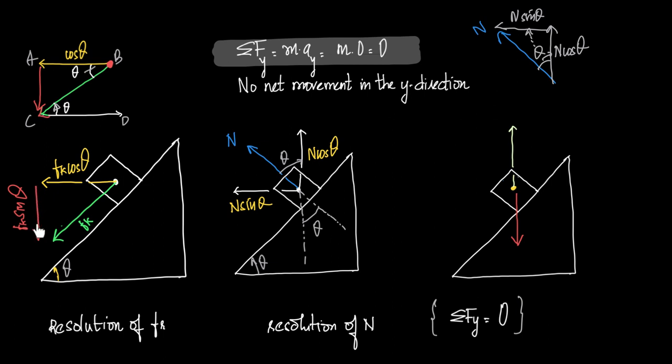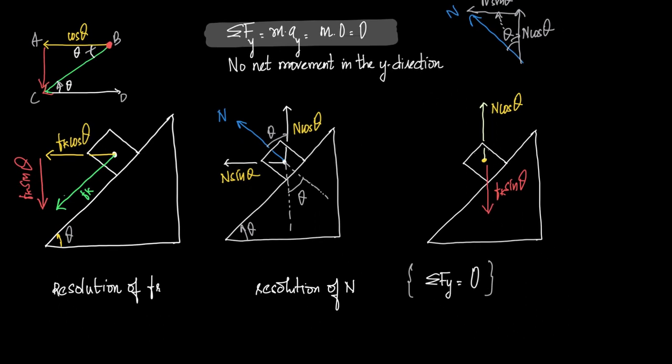There is one component of Fk, which is Fk sin theta, and there is one component of normal reaction acting in the upward direction, which I'll write here as n cos theta. So from this condition we can write that n cos theta is equal to Fk sin theta.